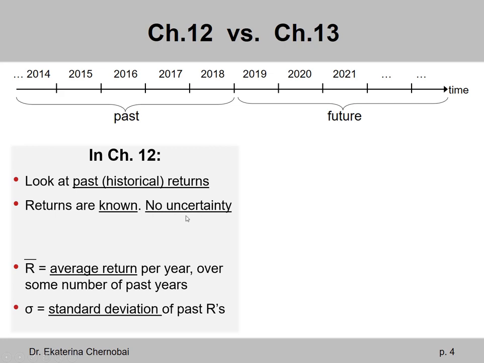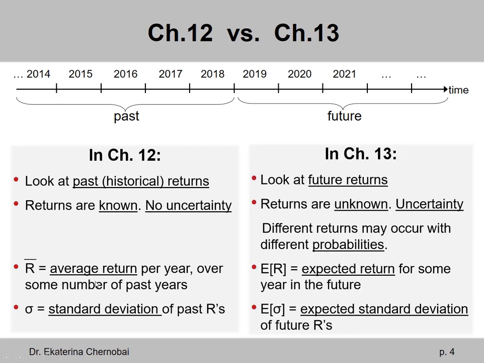And this is something that will be different when we talk about the future. The future is uncertain. Then we'll calculate the average return, which we denoted by R bar on top. And we also calculated the standard deviation of past returns, which we denoted by sigma. And sigma squared was variance.